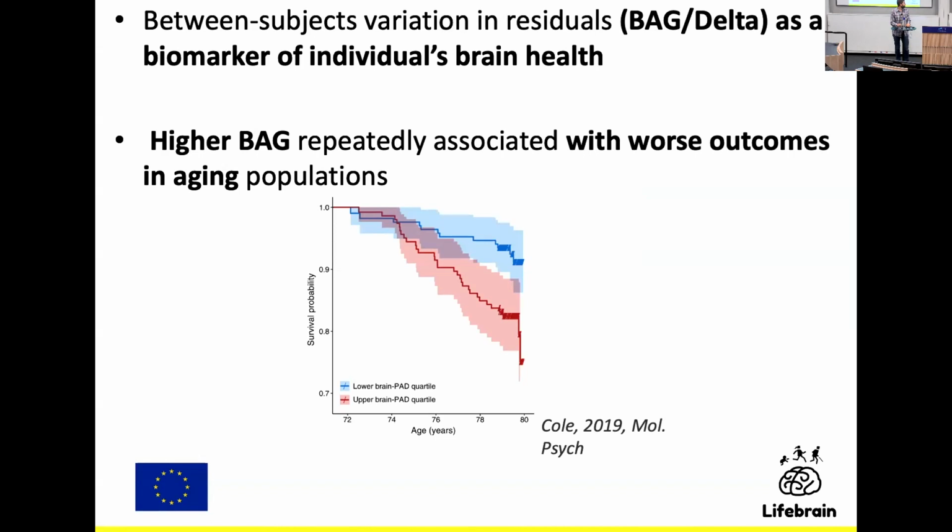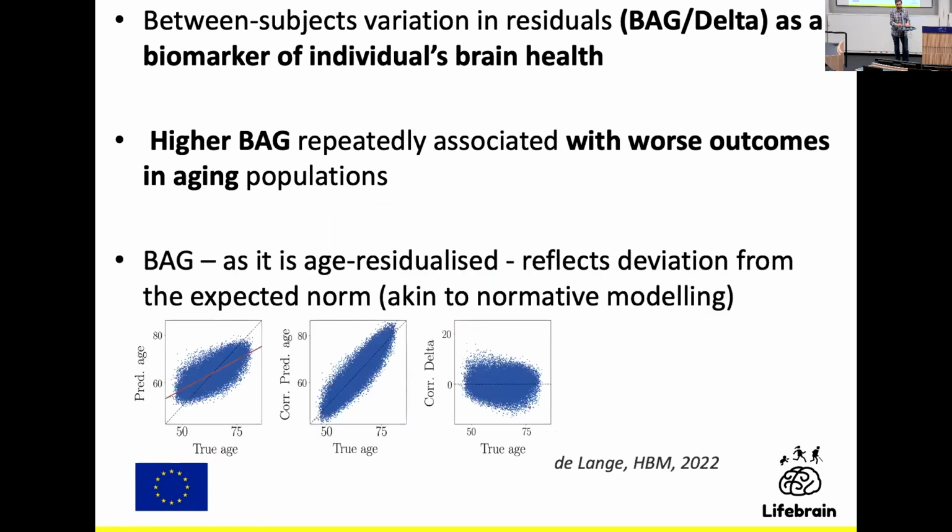In the last few years, aging research has repeatedly shown how higher delta, the residuals have different names, but we use delta here, has been associated with worse outcomes in older age, both clinical health and cognitive, and even, for example, survival probability over time.